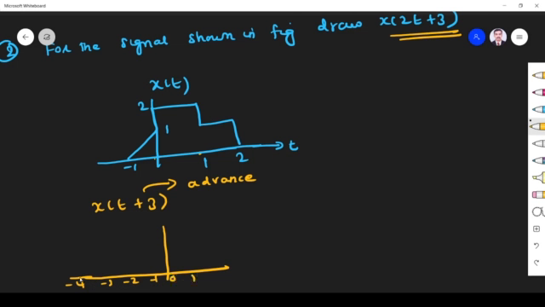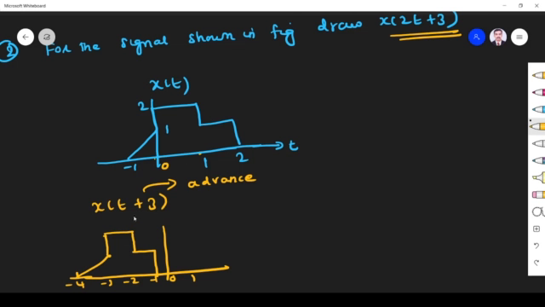Minus 1 will go to minus 4, 0 will go to minus 3, 1 will go to minus 2, and 2 will go to minus 1. This is x of t plus 3.